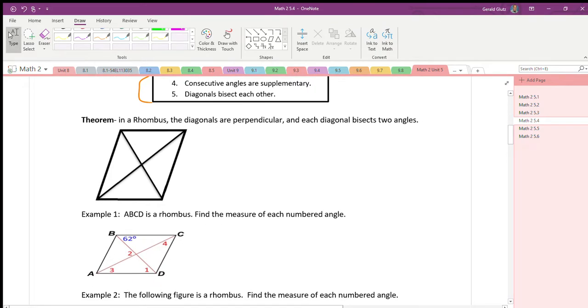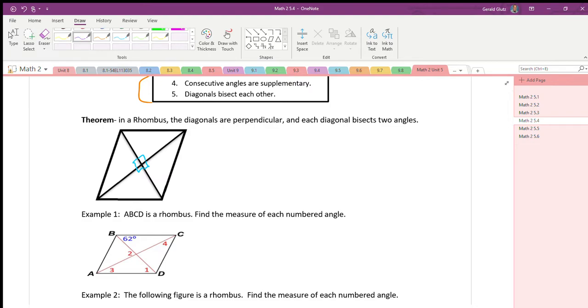In a rhombus, the diagonals are perpendicular, and not only do they bisect each other, they also bisect the two angles that they touch of the rhombus. If these two diagonals are perpendicular, remember that when two lines are perpendicular, they create 90-degree angles.